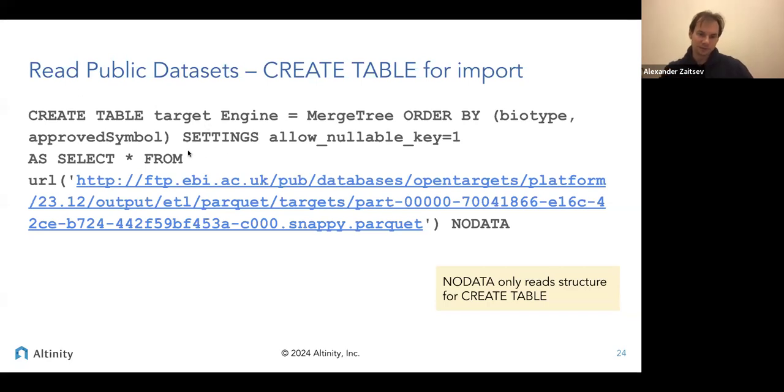This is a create table statement, and we use the structure of the Parquet files in order to create this table. You see this no data part in the create table. This is also quite a new ClickHouse feature that allows you to create a table without populating any data. Because usually, if you create table as select, you expect that some data will be there. But with no data, you can create a table without any data.